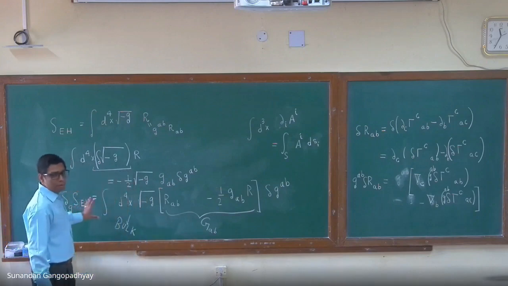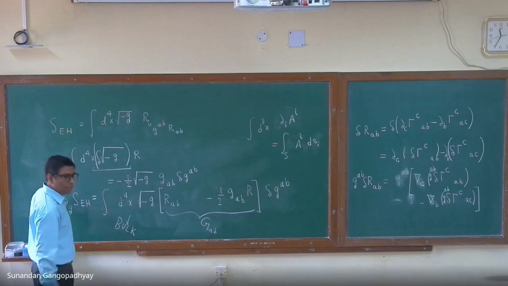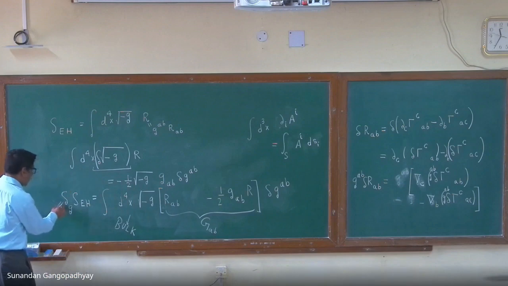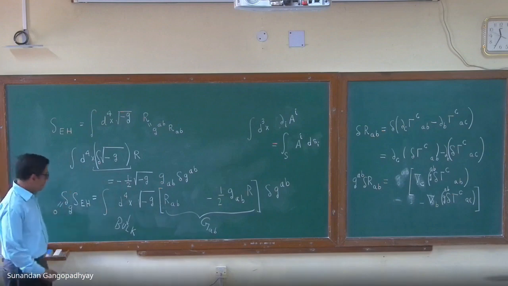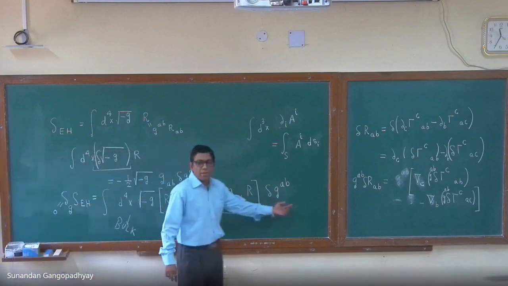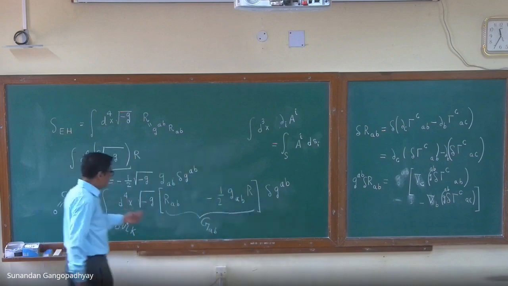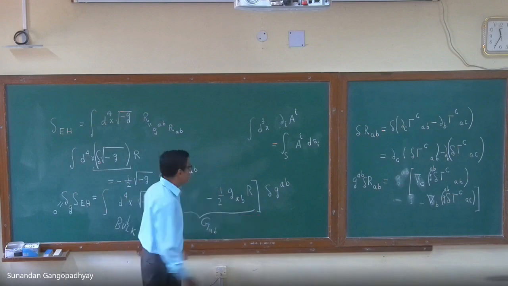Now you impose the last physical input that you have already learned in classical mechanics, the principle of extremization. You impose that this variation is 0. Delta g^ab is an arbitrary variation of the metric. Therefore, the only way this can be equal to 0 is that capital G_ab must be equal to 0.